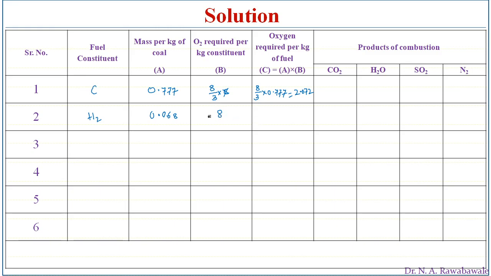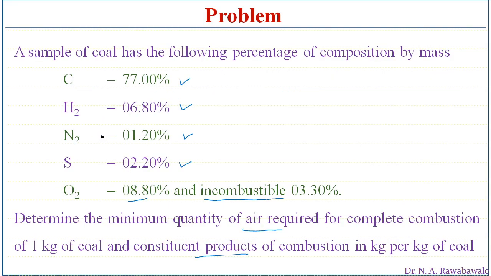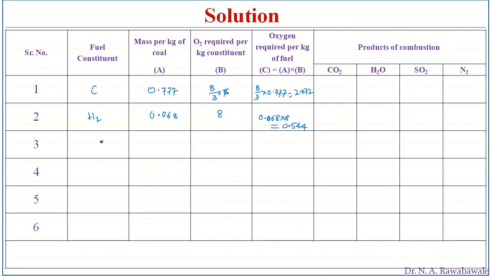If we multiply A and B, 0.068 into 8 works out to be 0.544 kg of oxygen required. The next constituent is nitrogen. Nitrogen, N2, is present in the fuel at 1.20%.